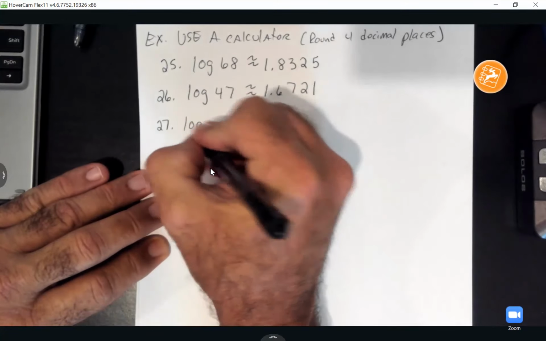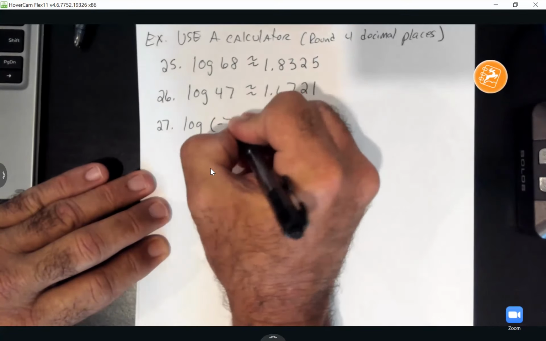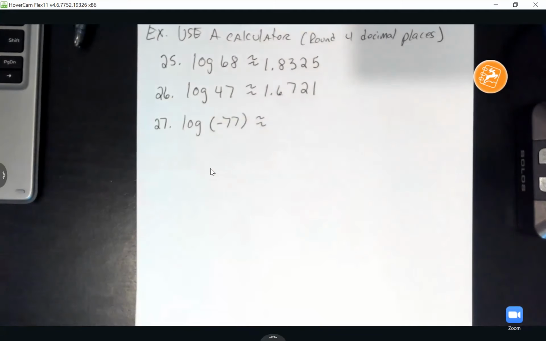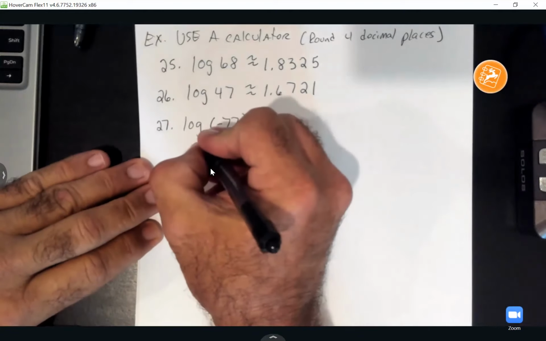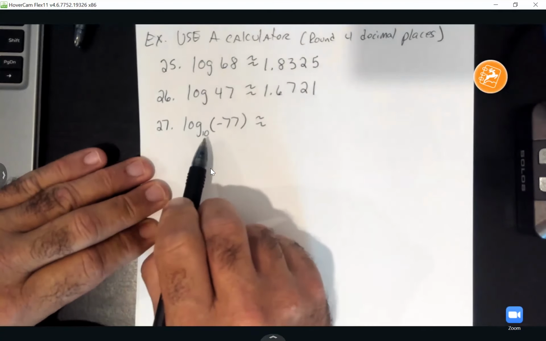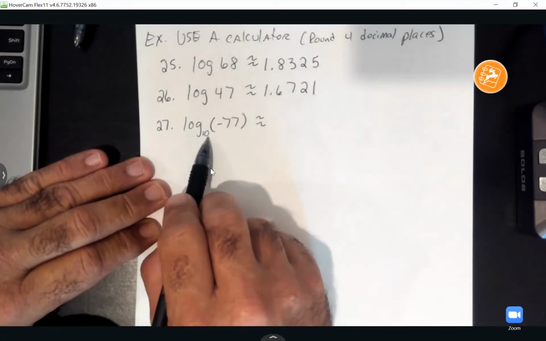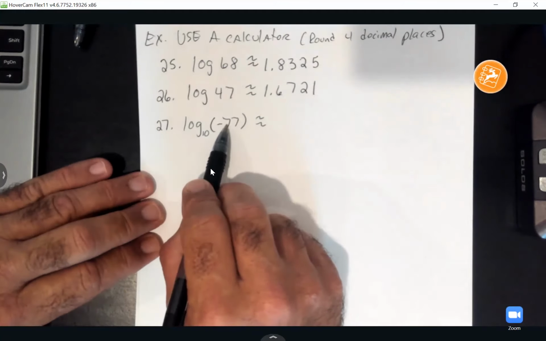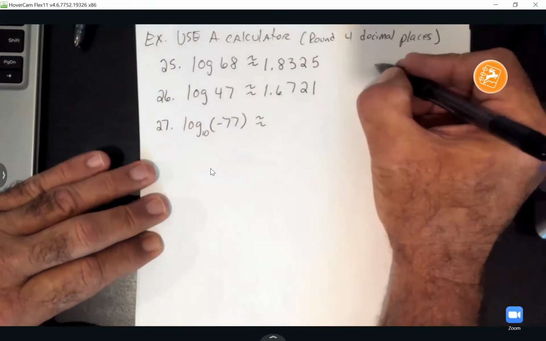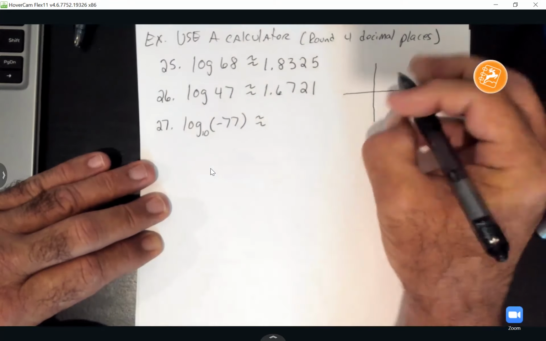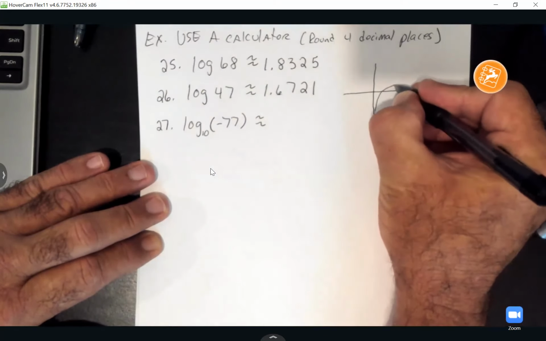All right, y'all, log of a negative 77. So I'll let y'all punch that one in for me. An error message for non-real numbers. Oh, okay. So if this was a log base 10, technically, there's no exponent that I can raise 10 to make it a negative number, is there? That's why that graph of those logarithms will go, you remember they sort of came up and went across like that.